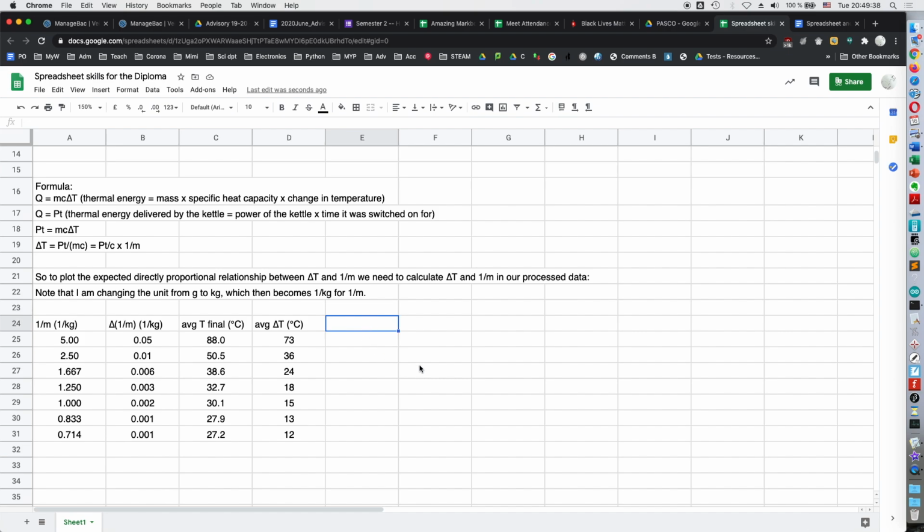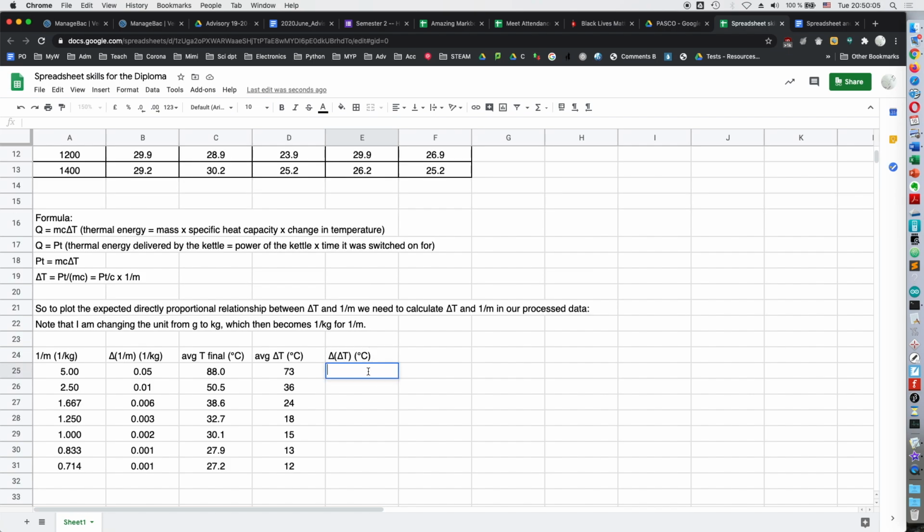Now I want the uncertainty, and I'll write it in a funny way, of the change in temperature. And don't forget the unit. You have degrees Celsius here. On the Mac, by the way, the keyboard shortcut is Alt-Shift-8 for the degrees sign, in case you're wondering, and Alt-J for the delta sign. So here I do the following. I need to calculate half of the range.